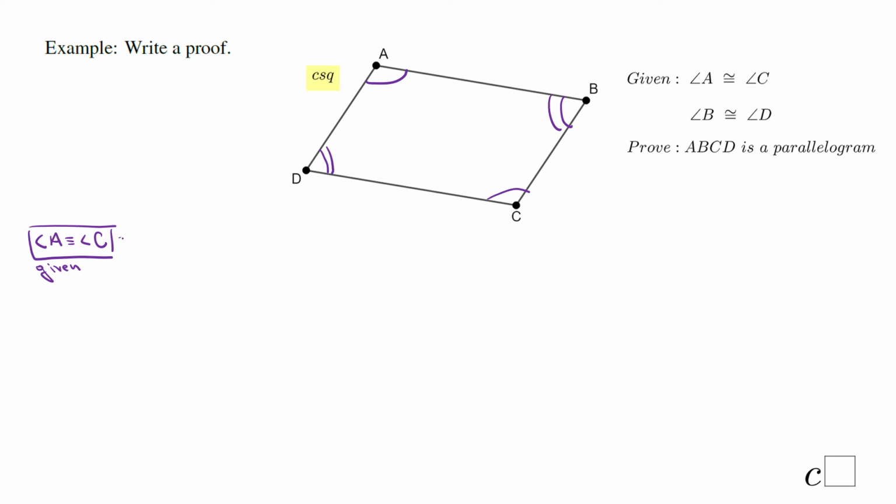That tells us the measure of angle A equals the measure of angle C. That will be the definition of congruent angles. Very similar, I'm going to write the second statement, angle B congruent to angle D.